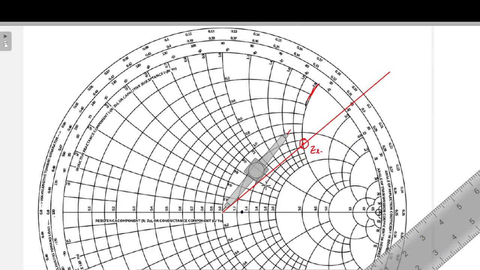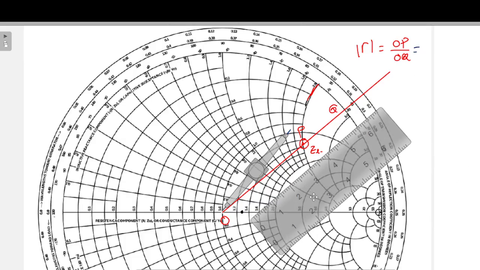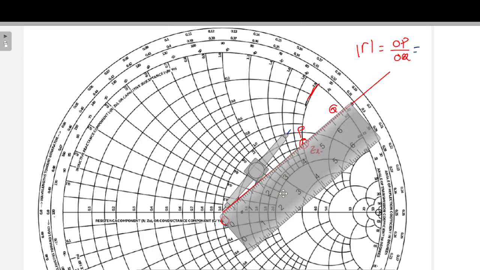The first question is to find the reflection coefficient. The magnitude of the reflection coefficient is equal to OP by OQ. This is point O, this is point P, and this is point Q. We measure this length with the scale.